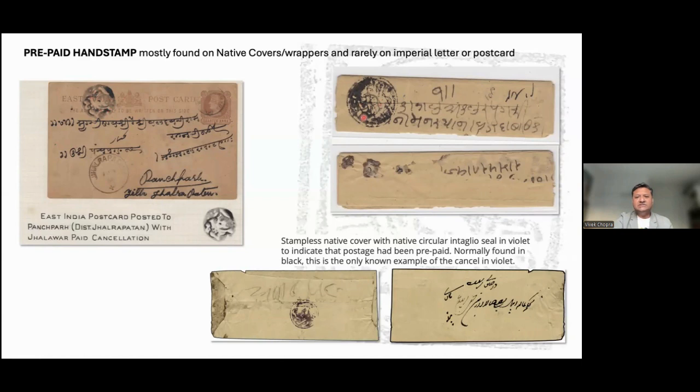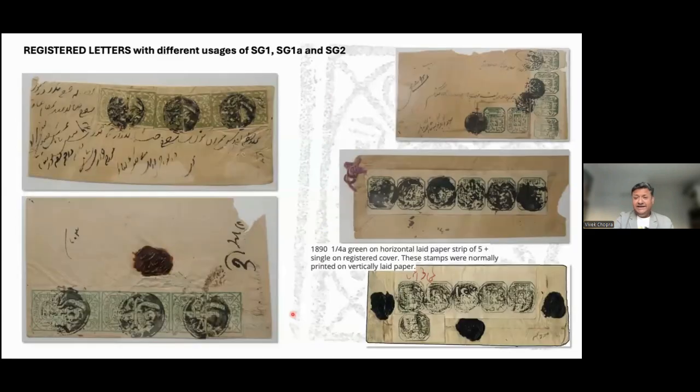So this is the postage paid seal, and sometimes, very rarely, you find them in magenta color, which you see here. And one of the exciting things is to come across high weight or registered covers, which are super rare.